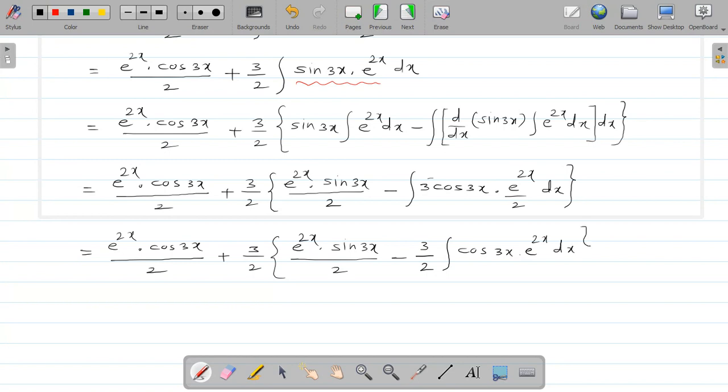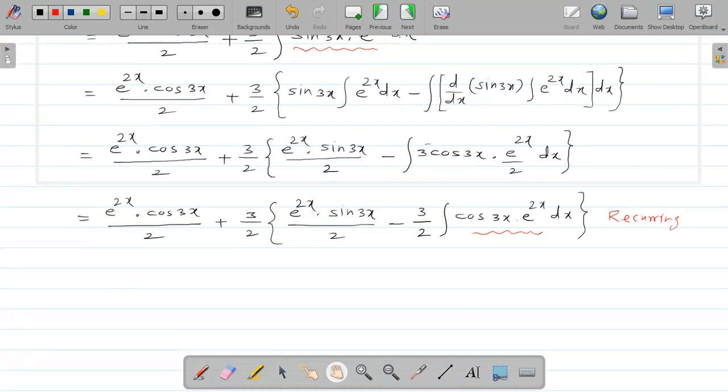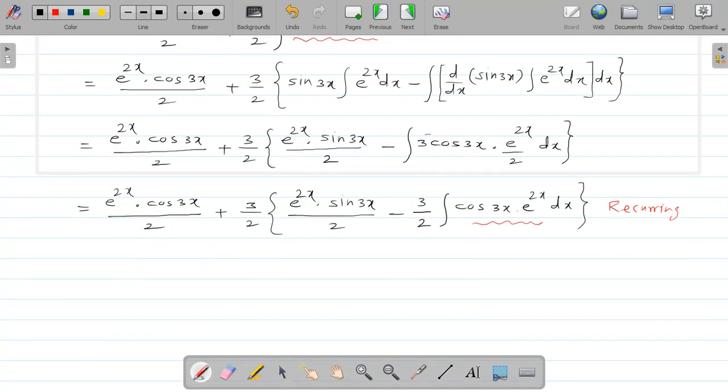Now if you observe this carefully, again we get the same integration here, so that's why it is recurring. It means after solving the original integration, by this step we again get the same integration. Now you can replace this integration by the letter I for further simplification.